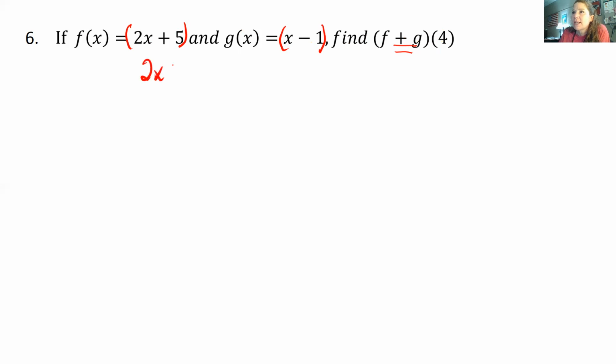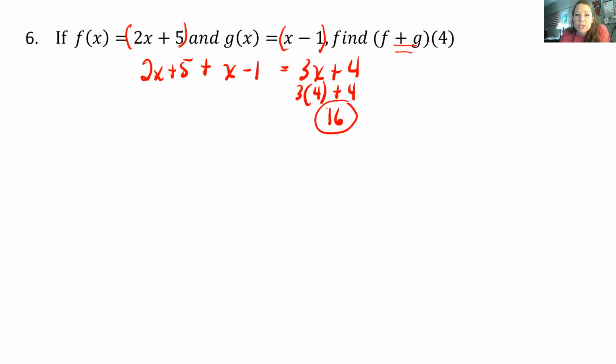So 2x plus 5 plus x minus 1, we simplify that, we get 3x plus 4, and now we're going to substitute 4 for x, and 12 plus 4 is 16.